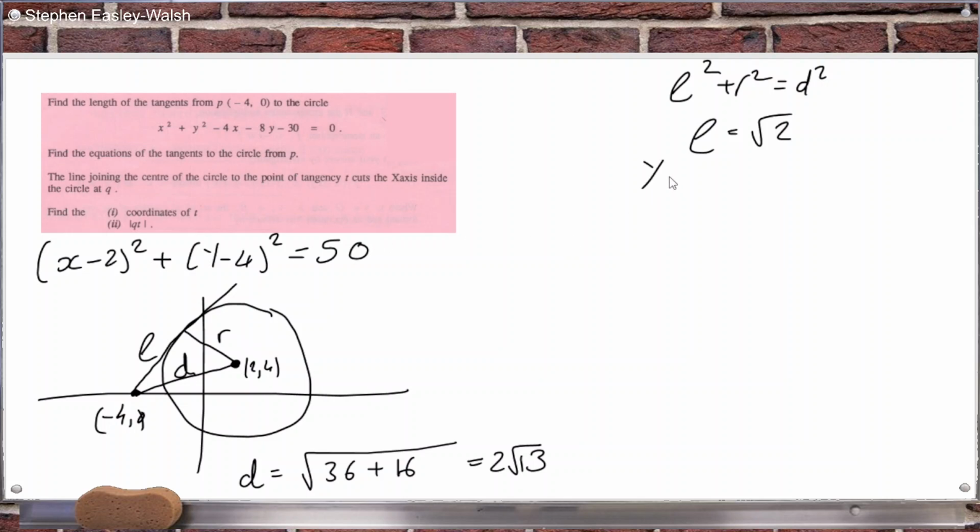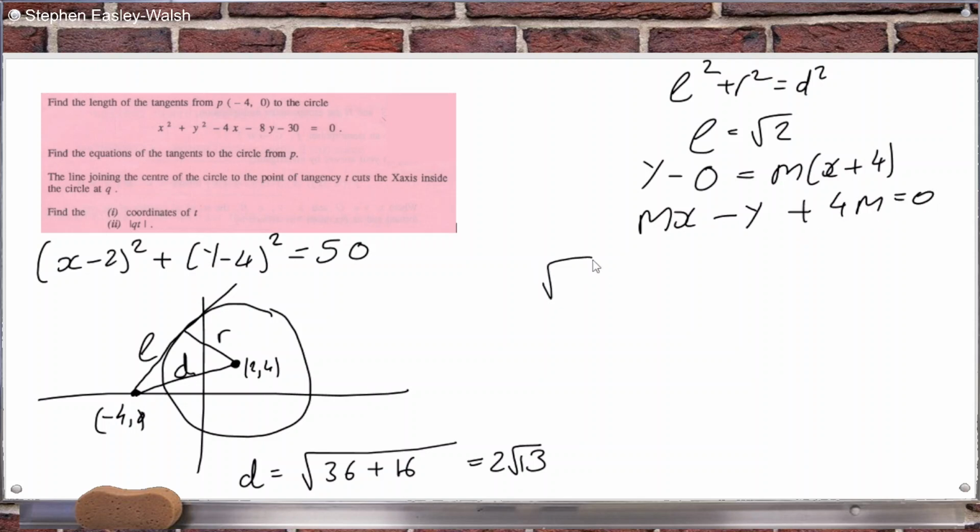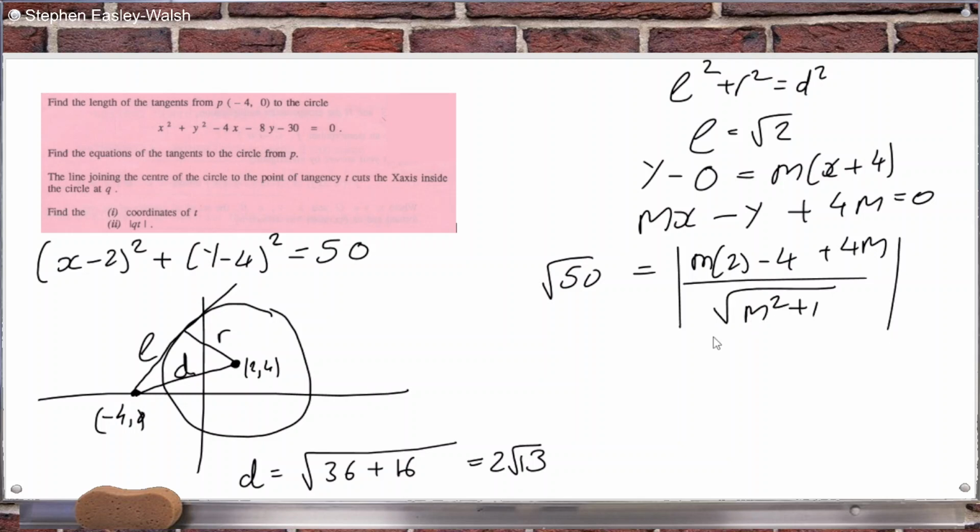y minus y1 equals m times (x minus x1). So we have mx minus y plus 4m equals 0. So root 50 should equal the modulus of m times 2 minus 4 plus 4m over root m squared plus 1. Cross multiply and square. So you get 50m squared plus 50.